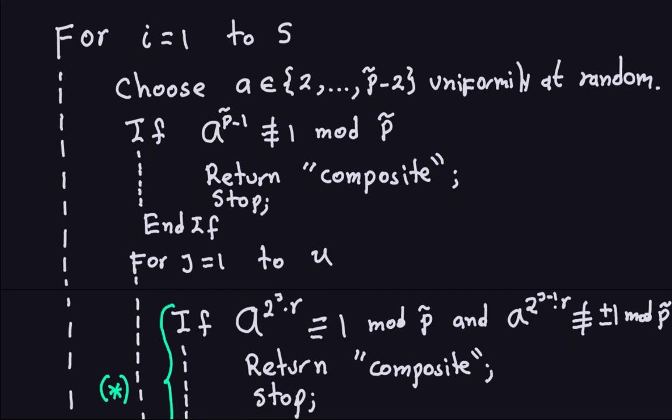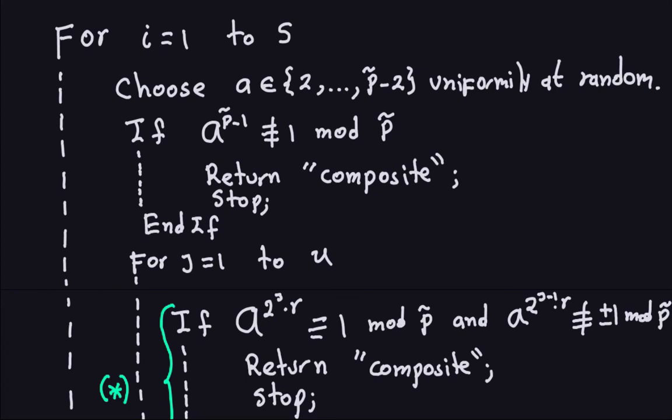So to not repeat these computations, before you go into the if statement and this for loop, right after you write down this for loop, pre-compute all of this: a to the p hat minus 1, or basically a to the 2 to the j times r, where j runs from 1 to u. Pre-compute those things and put them in an array so you can make this comparison later.